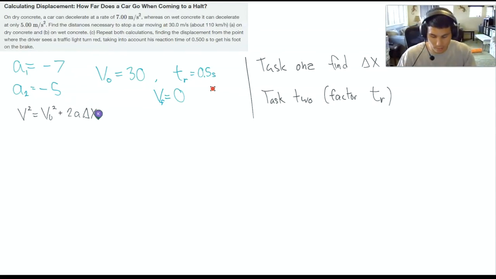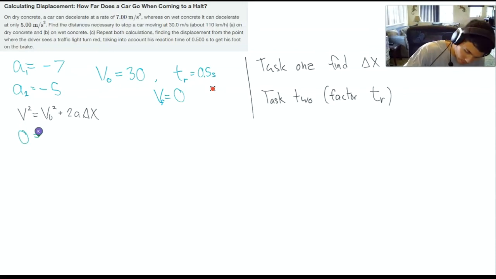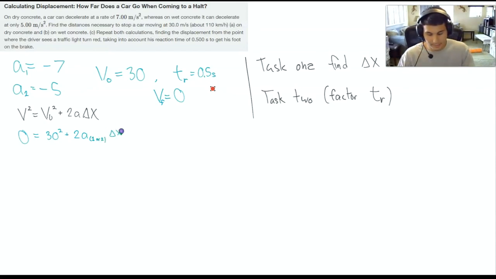This is our equation, but we want to make it special to us. So it's going to be 0 is equal to 30 squared plus 2, and now it's either going to be a1 or a2, times change in x. This is the general form of what we're actually going to use.